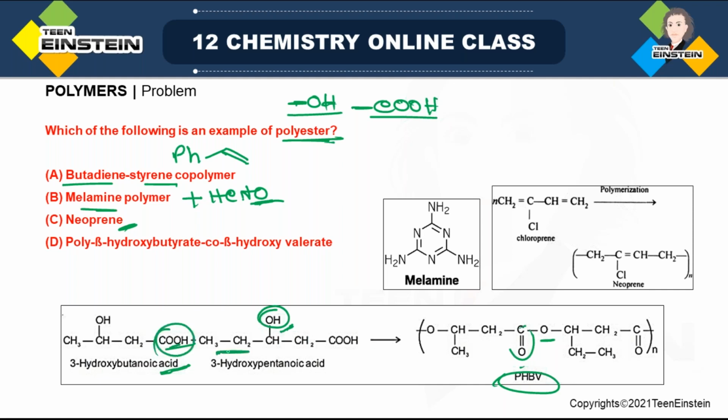So see now, this ethyl group is as if hanging as a substituent. So this part is coming from 3-hydroxypentanoic acid, and the other part is coming from 3-hydroxybutanoic acid. Fine. So the correct option is option D.